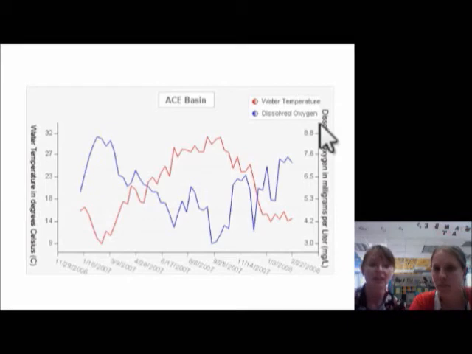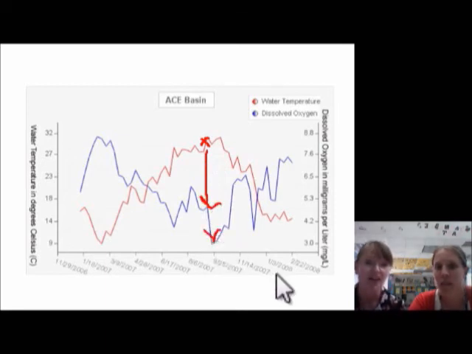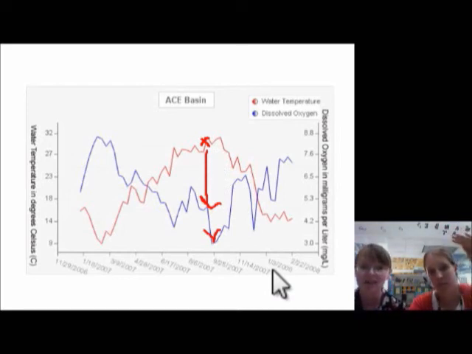Well, if you look at the red line where it's reaching its peak, you notice that the temperatures are at the highest, and you can go down below the high temperatures and you see, oh my goodness, dissolved oxygen levels are starting to reach their lowest. Yeah. So there's a trend that high temperatures can't hold the dissolved oxygen that lower temperature water can hold.